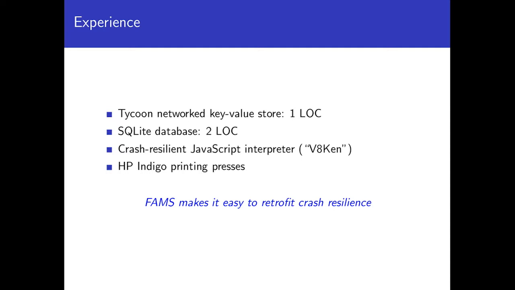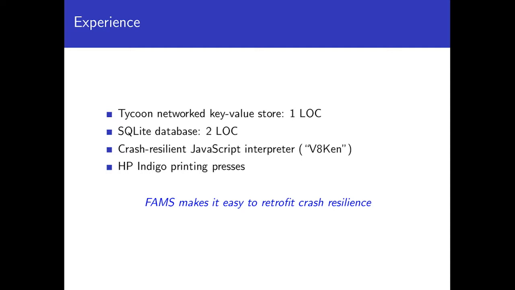A single developer working for 2 or 3 weeks was able to slide a user space implementation of failure atomic msync underneath the complex, highly performance-tuned software controlling HP Indigo presses and make it crash resilient. The Indigo people had previously tried more than once to retrofit crash resilience onto their software, but it was too hard.